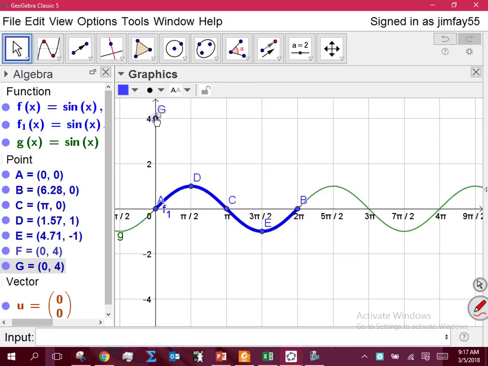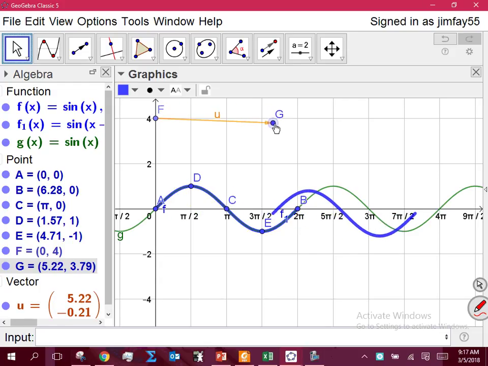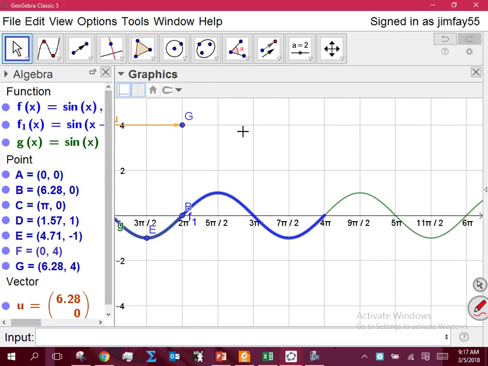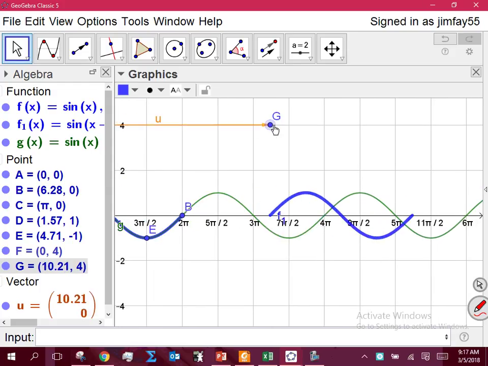All right, would you guys agree that if I cut and paste the blue and translate it 2 pi units, I get that? Okay. And then I can keep cutting and pasting. It gives me that, right?